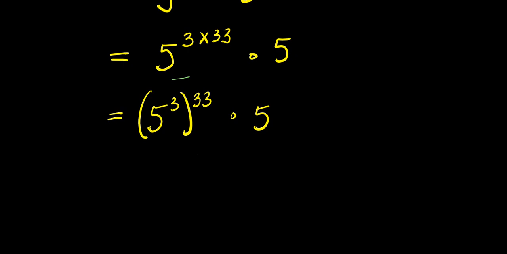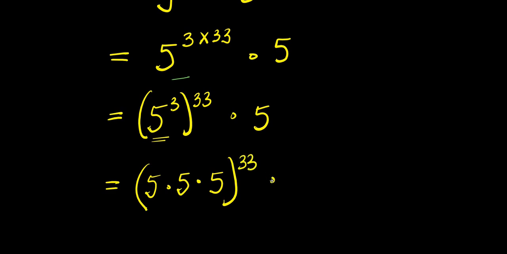So the next step will be to find out what is 5 to the power of 3. And 5 to the power of 3 is 5 times 5 times 5. So this simply means 5 times 5 times 5 raised to the power of 33, times 5.